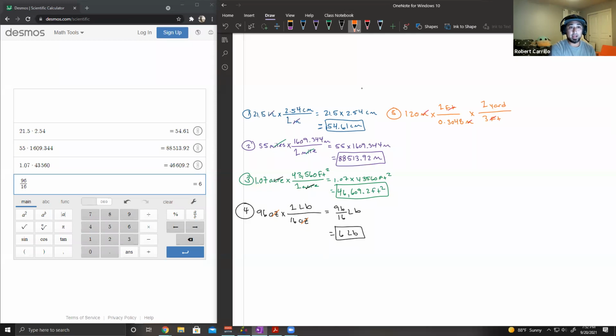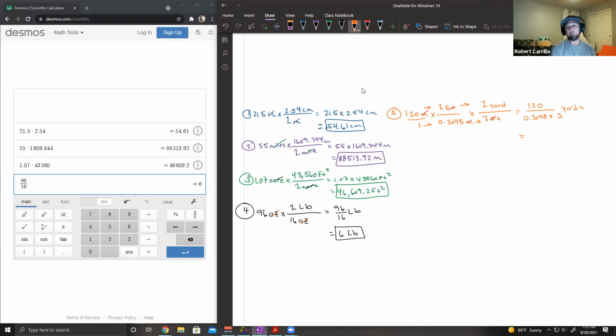Rewriting this, you can put 120 over 1 as well. Because you're essentially multiplying fractions, the 120 is going to multiply that one and that one. So we're left with 120 over, and then same down here, 1 times 0.3048 times 3. So in the denominator we have 0.3048 times 3, and this is in yards.